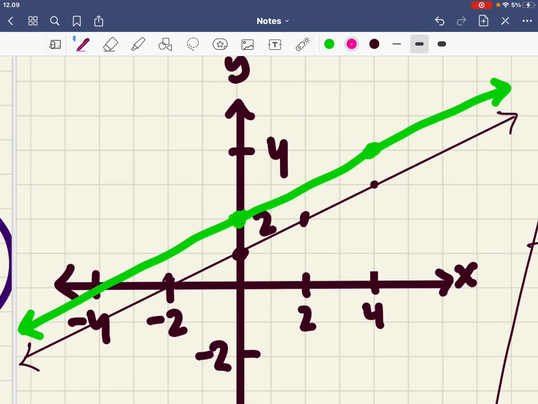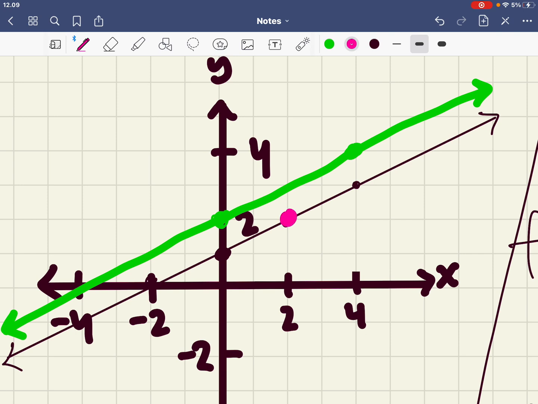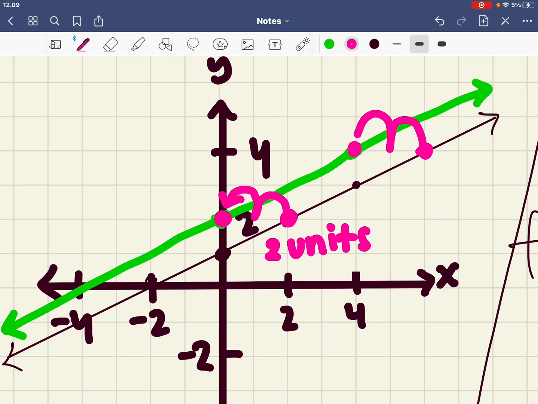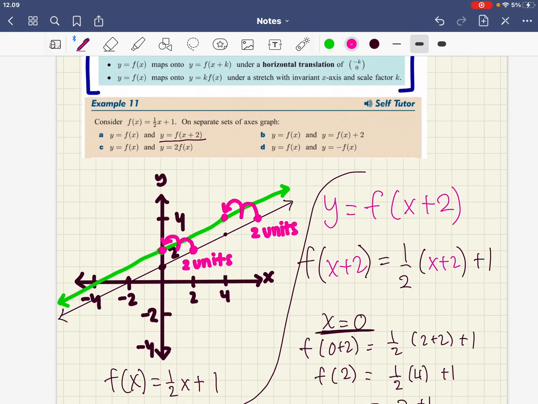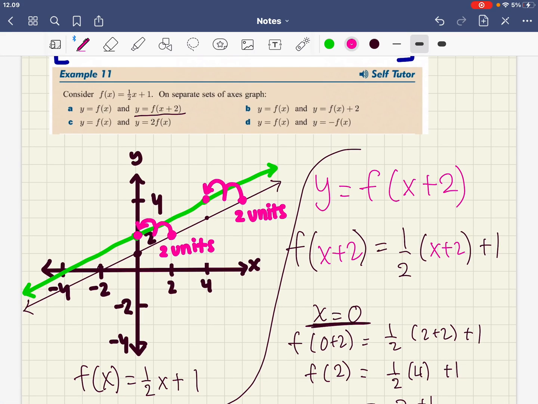If we zoom in here, do you see how from this point to this point, we went to the left, right? 2 units to the left. And from here to here, 1, 2, 2 units to the left. So what do you guys think? What would be the transformation here? What is the pattern?